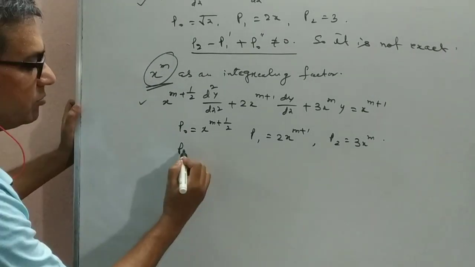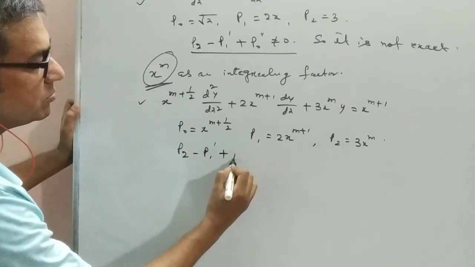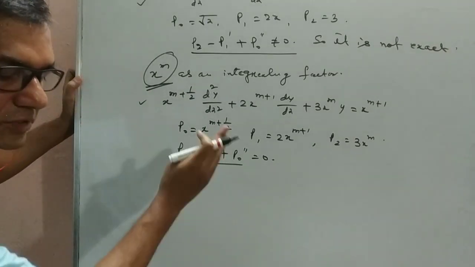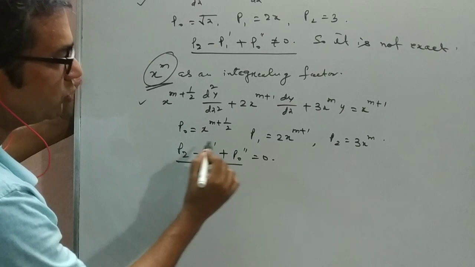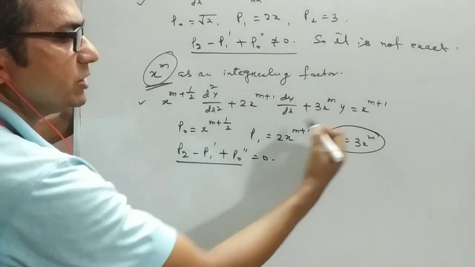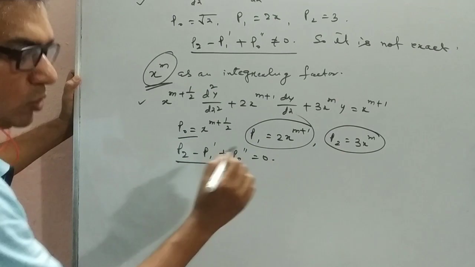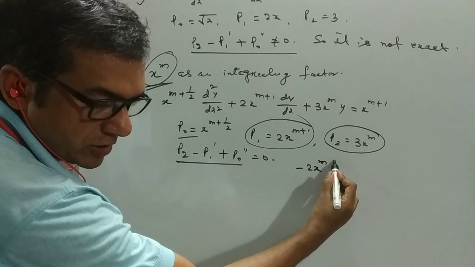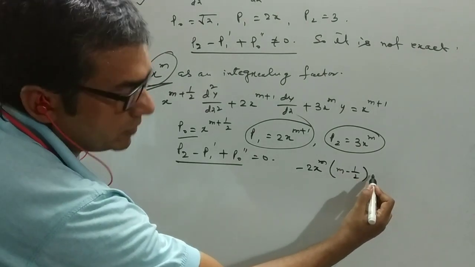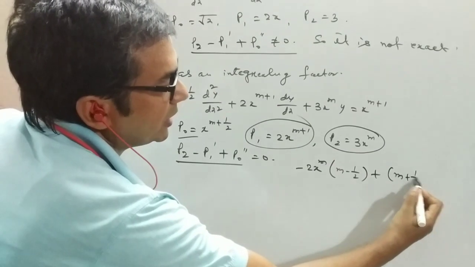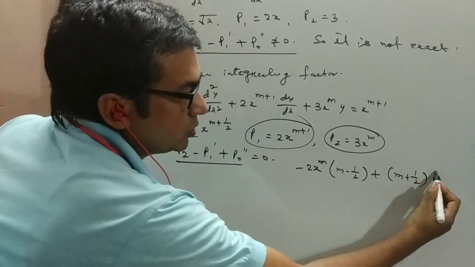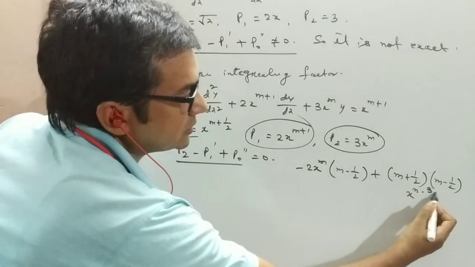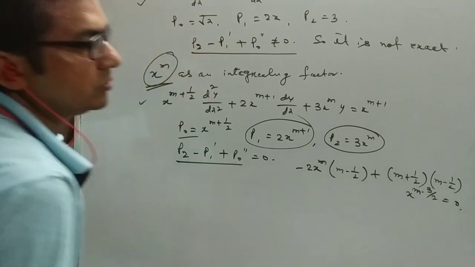So we can take p2 minus p1 dash plus p0 double dash equal to 0. And from this relation, by putting the derivatives p0 dash and p0 double dash, we get minus 2x to the power m into (m minus half) plus (m plus half) into (m minus half) into x to the power m minus 3 by 2 equal to 0.